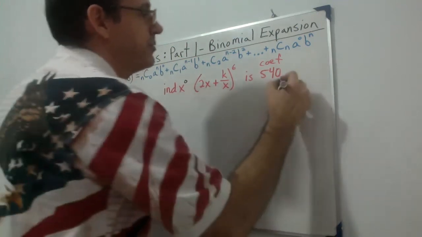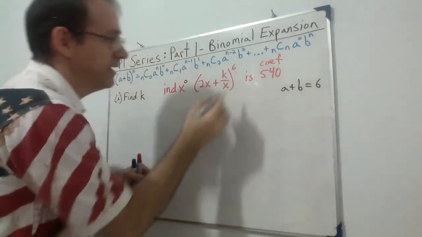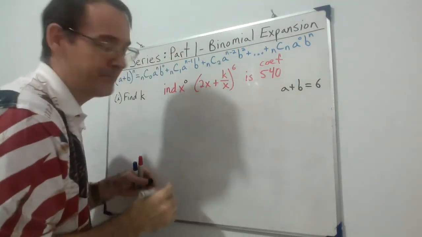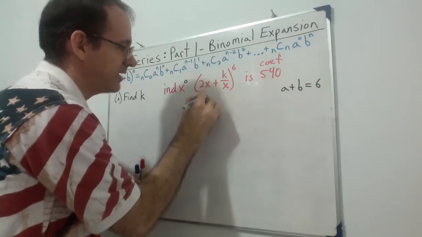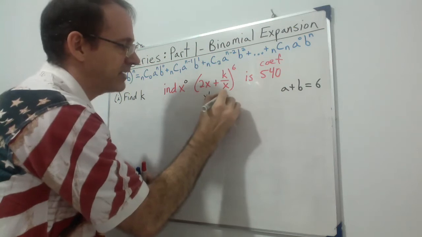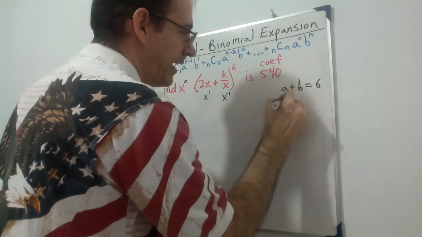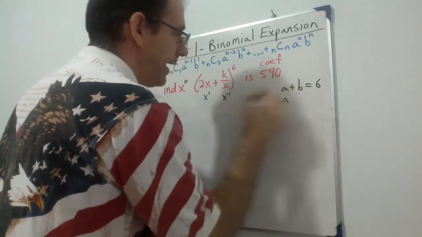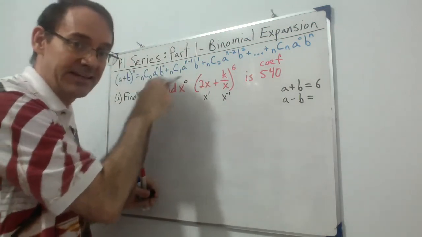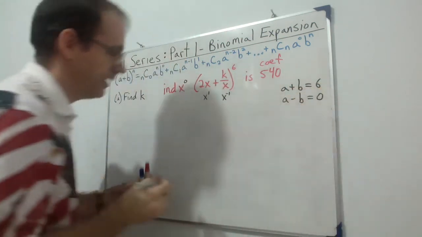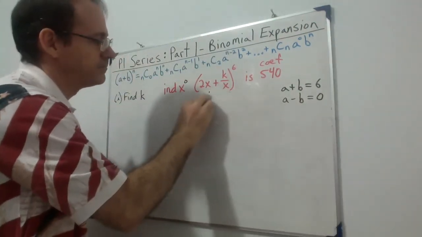So if we're doing it algebraically, A plus B has to equal 6, because it has to add up to n. Then our exponents here, again, this is x to the 1. This one is an x to the negative 1. So again, we're going to get 1 times our A exponent is A minus B, and we want that to come out to be 0, independent of x, no x. Okay, so we're going to do that for our algebra.